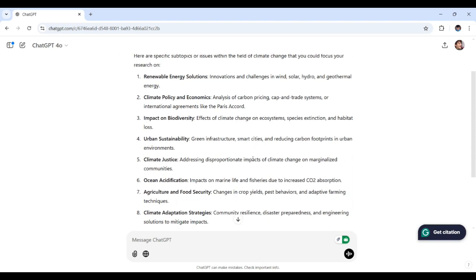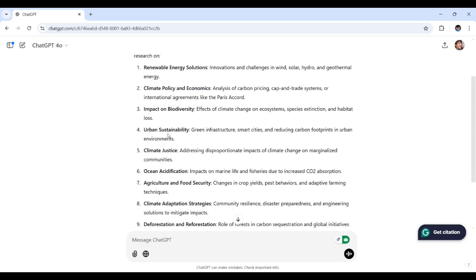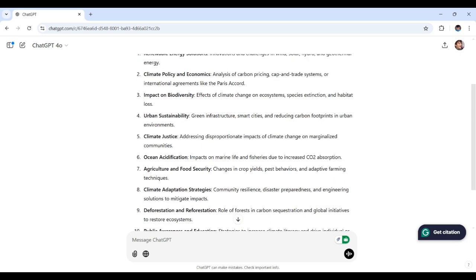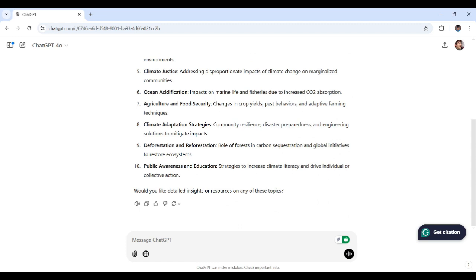So there are a couple of standouts right here. One is renewable energy solutions. Okay, this is about innovations and challenges in wind, solar, hydro, and geothermal energy. Another one right here, urban sustainability, green infrastructure, smart cities, and reducing carbon footprints in urban environments. So that's number 4. Another one right here, ocean acidification, impacts on marine life and fisheries due to increased carbon dioxide absorption.